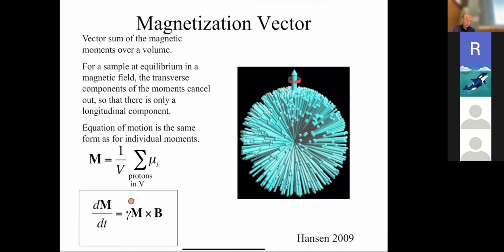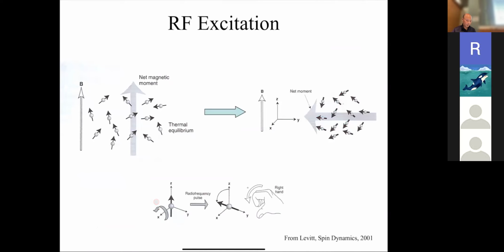Because everything is linear and things superimpose, the overall equation of motion for this magnetization is also the equation of motion for any one magnetic moment. So the bottom line you need to remember for this course is that the magnetization precesses. From this point on, we're never really talking about any one spin. We're just talking about the collection of spins and its magnetization, right?